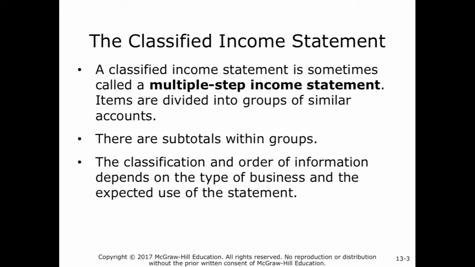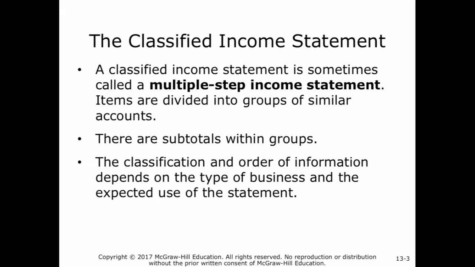So we have learned that in the accounting cycle, a part of the cycle is to prepare financial statements. And at the end of the period, one of the financial statements that must be prepared is the income statement.